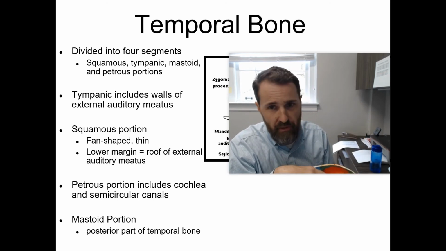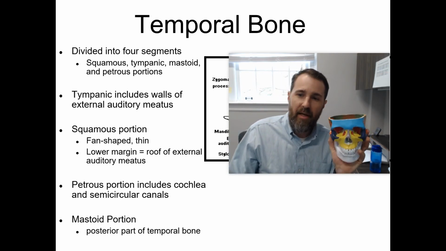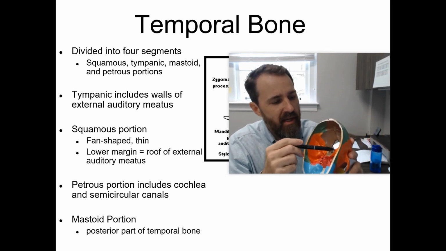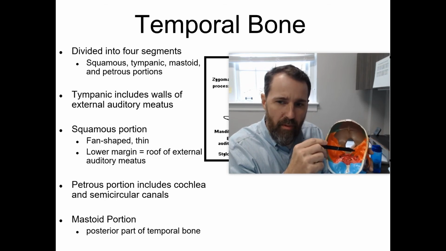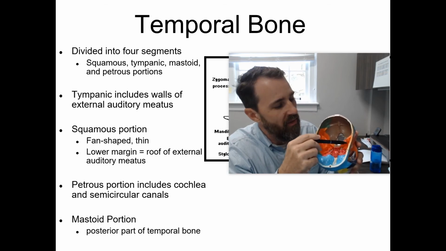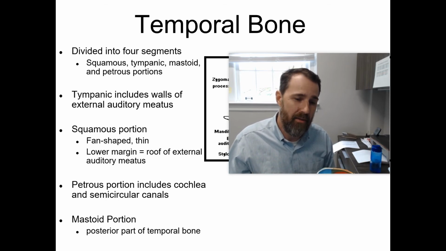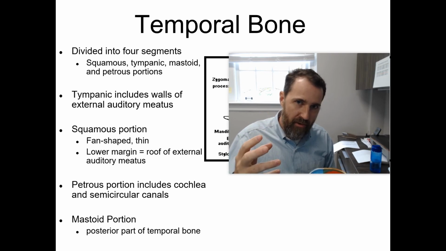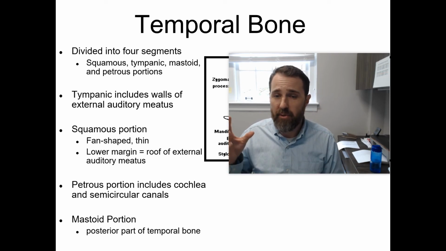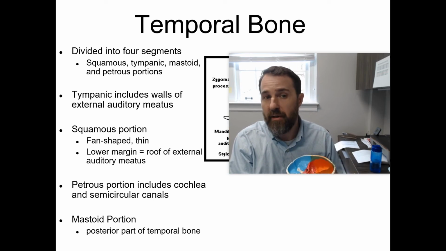And there's another important feature of the temporal bone that you can't really see, but if I take off my skull case, deep within the temporal bone, there is what is known as the petrous portion. So within that bone, you have structures of the inner ear, which is your cochlea and your semicircular canals. These are the parts of your inner ear that are responsible for allowing you to hear and allowing you to balance. And we're going to cover the inner ear in about a month.